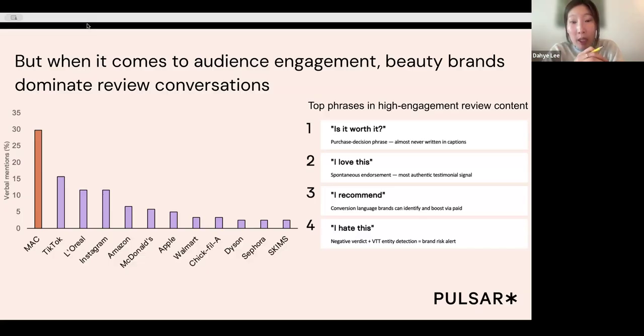The really interesting part is on the right side, looking at the language and expression most spoken in those reviews. The number one phrase is "is it worth it?" That's a major buying intent signal, often missing from a caption or hashtag, followed by positive spoken cues like "I love this," "I recommend," and negative cues like "I hate."